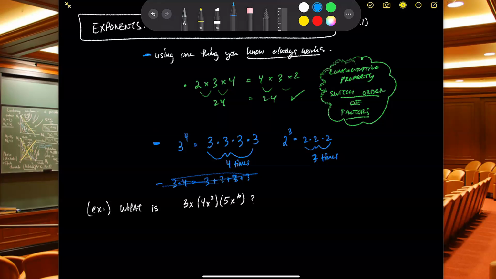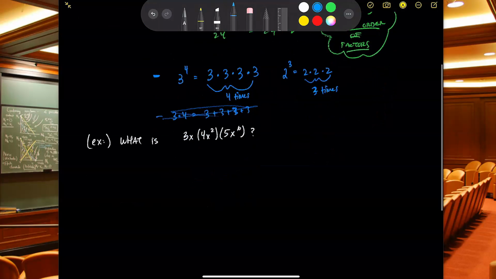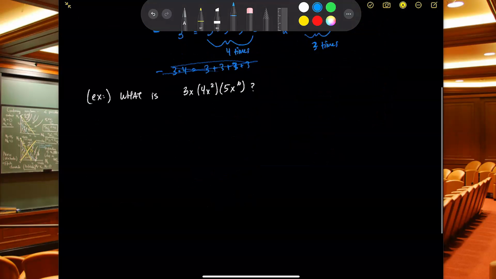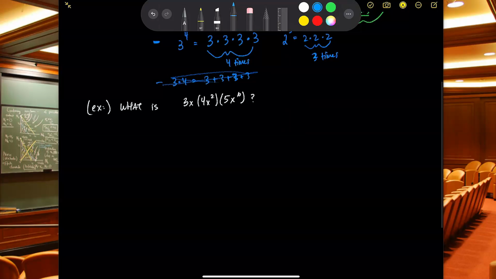Now, how are we going to use that to simplify things like this? This can often bring on anxiety for folks because we see a mix of letters, numbers, tiny numbers in the superscript. What do these really mean? This means repeated multiplication. Okay, that's thing number one. Exponents mean repeated multiplication.